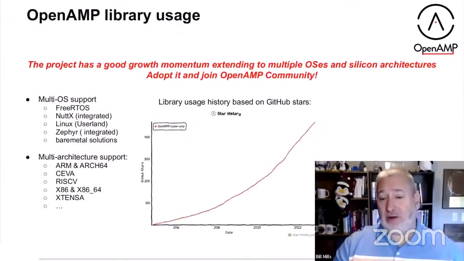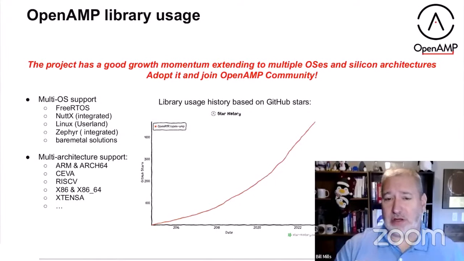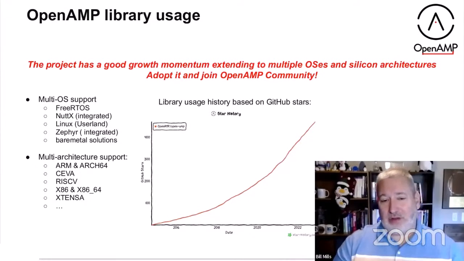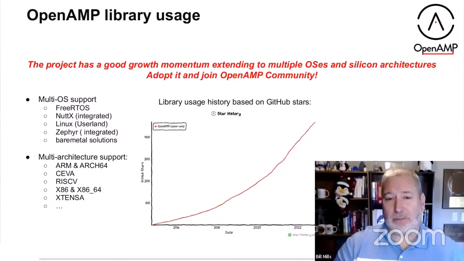And then from an adoption point of view, I don't know about you guys, but I'm pretty stingy with my stars on GitHub. So the number of stars that the OpenAMP library has gotten over the years is on this graph, and you can see that the adoption looks pretty good.